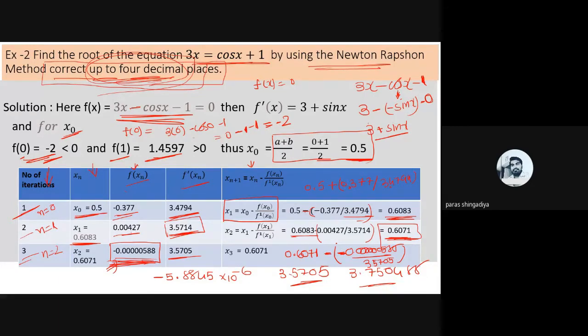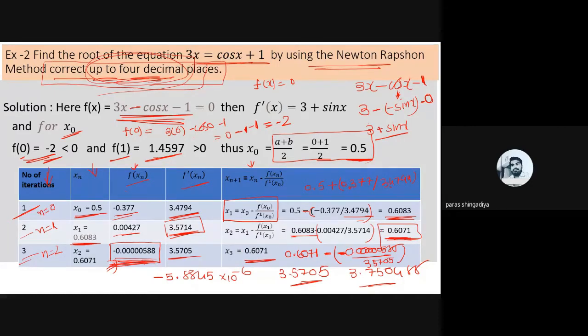There are two negative signs here, so just consider positive and add 0.6071. So 0.6071 plus, in a bracket, 0.0000588 divided by 3.5705, otherwise 04, bracket over, and you will get the answer 0.6071.